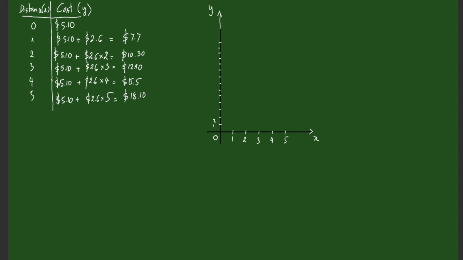I'm going to write really small. 3 here, 4 here, 5 here, 6, 7, 8, 9, 10, 11, 12, 13, 14, 15, 16, 17, and 18. Here you go.